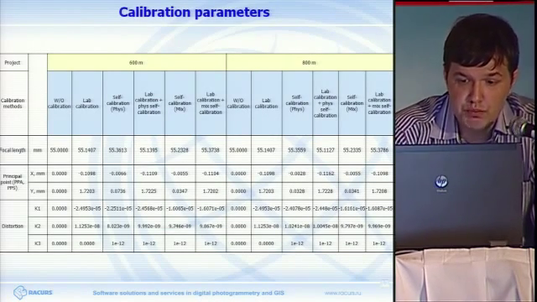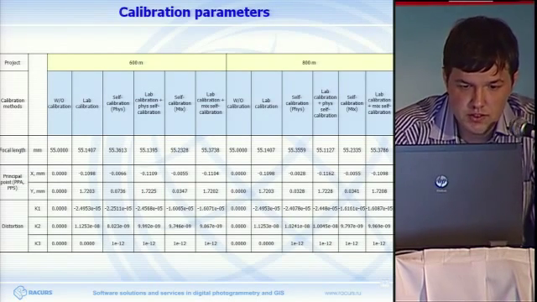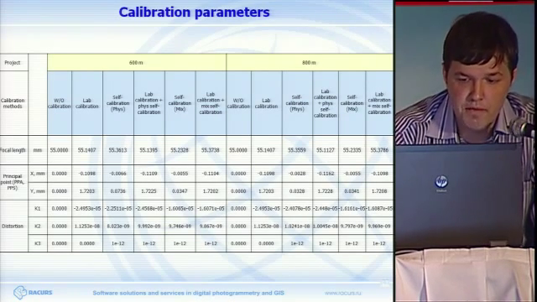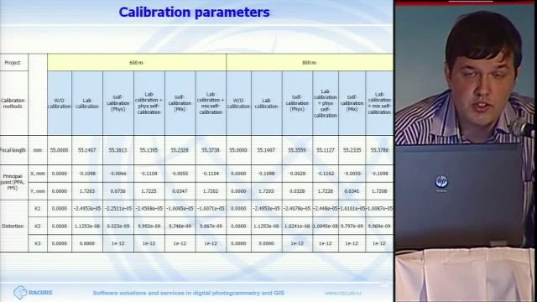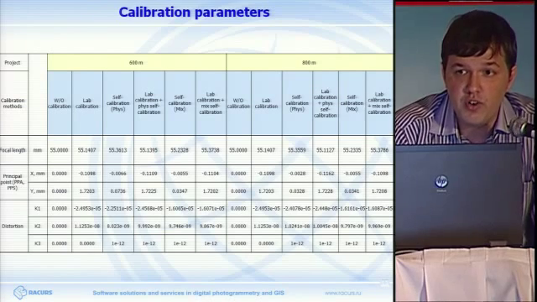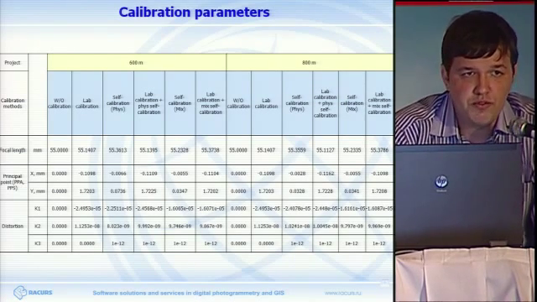And the parameters of camera calibration that we came up with after the post-processing. Here you can see the calibration parameters without calibration. So these are the parameters which were in the instruction, and I can tell you that the Phase One camera is not calibratable.